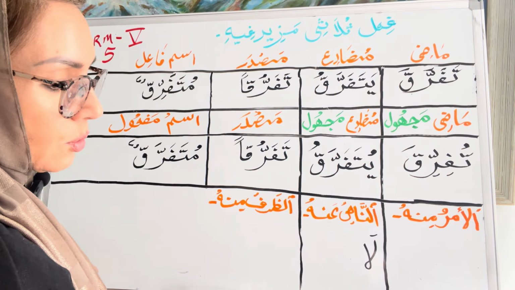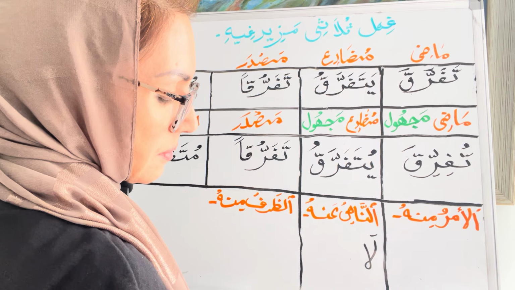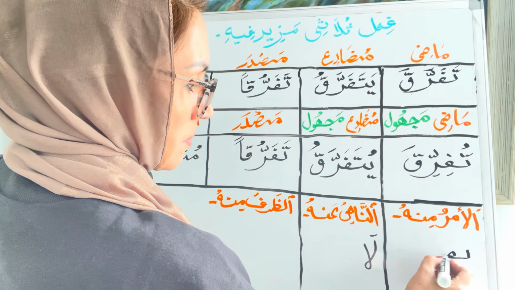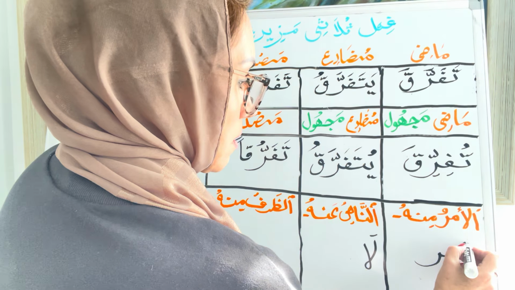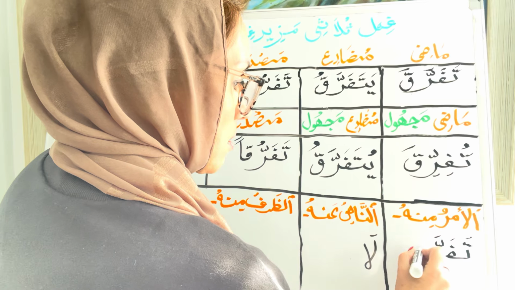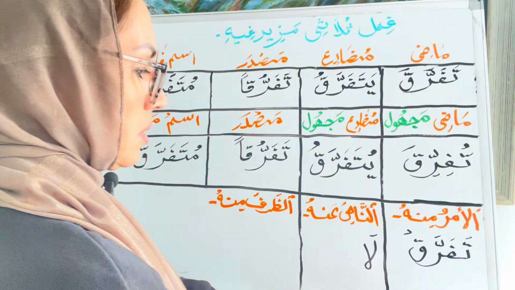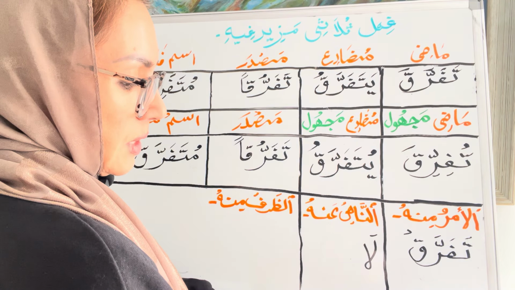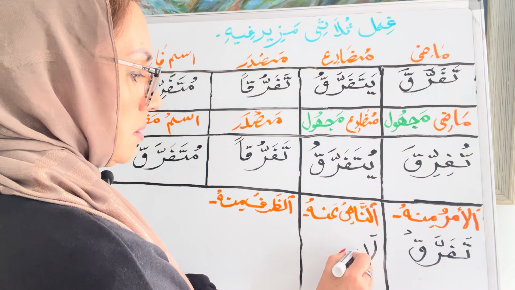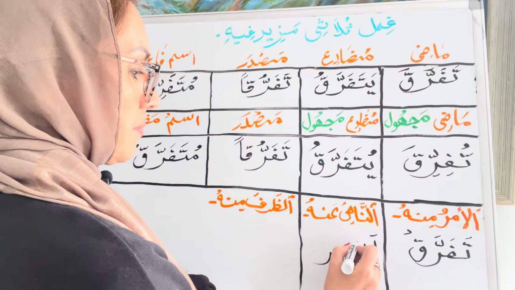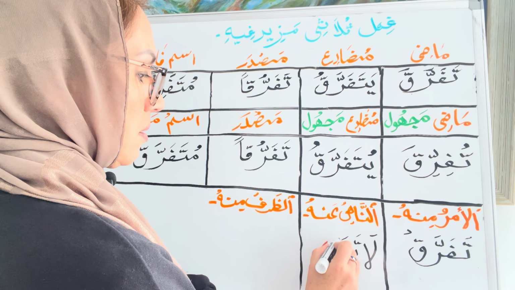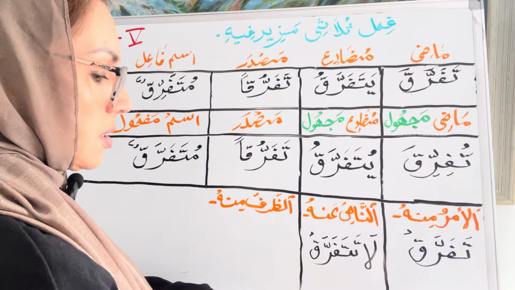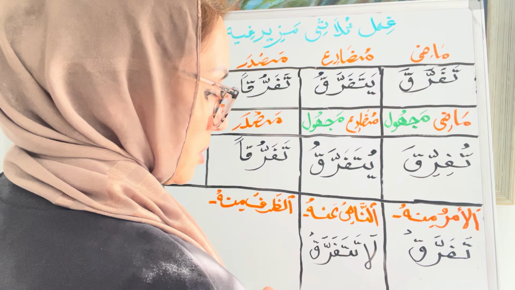And then الأمر منه تفرق. سكون. النهي عنه لا تتفرق. والسكون. لا تتفرق. والظرف منه متفرق.